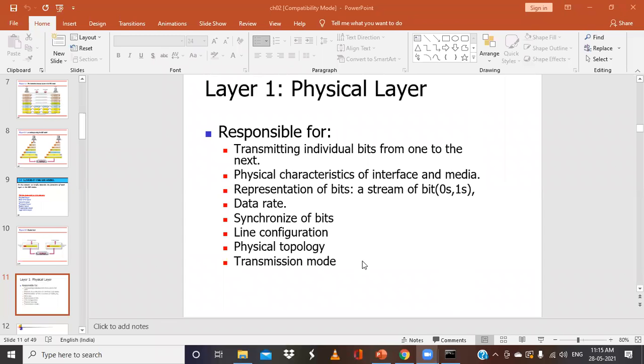Next is the transmission mode. As we know, the physical layer also defines the direction of transmission. So we have studied three types of transmission modes. What are those? Can somebody tell me? Three modes of data flow we have discussed.